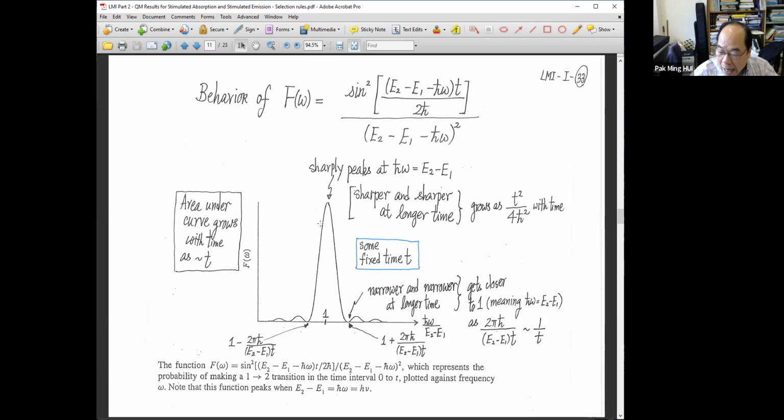Let's look at how the peak value here behaves. I hope that you know sine x over x, as x goes to 0, is 1. You know that, right? You know some calculus in year 1.